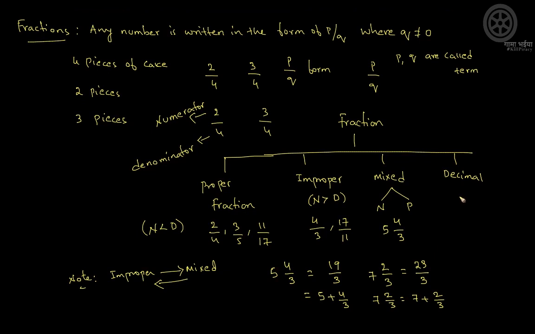A fraction is called a decimal fraction when the denominator is in the form of tenths, that is 1 by 10, 1 by 100, 1 by 1000, and so on. For example, 7 by 10, 25 by 100 are called decimal fractions.